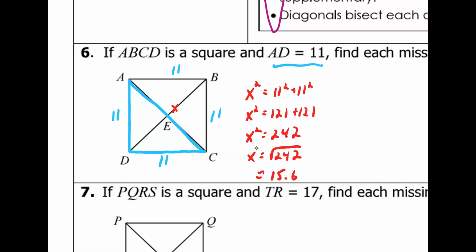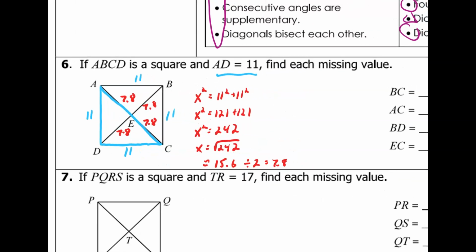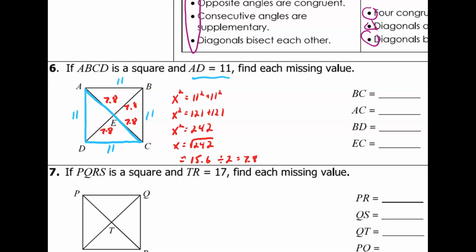All right, so that's the whole diagonal, which means since it's a parallelogram, diagonals are divided into 2 equal parts. So 15.6 divided by 2 is 7.8. So that means these are all 7.8. All 4 pieces of the diagonal, just like a rectangle, are 7.8. We should have enough information now to label all of our sides.